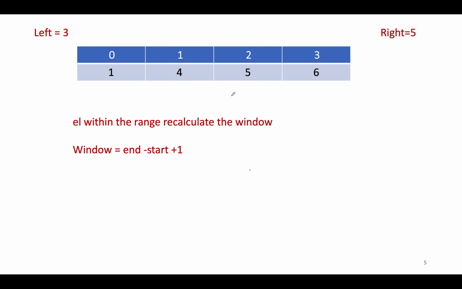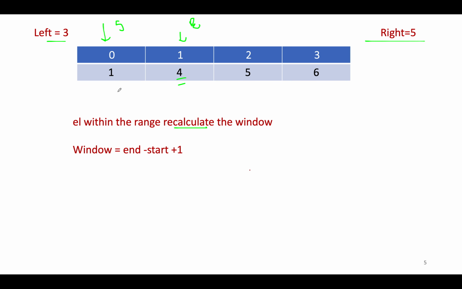Whenever you see an element that is within the range of left comma right, you will recalculate the window size. So let's try and understand this. Let's hypothetically assume that we have already reached this position, end points to 1 which has the value 4, and start points to 0.